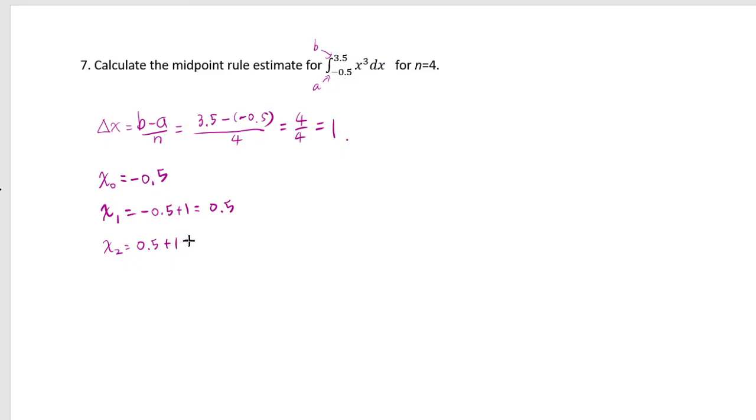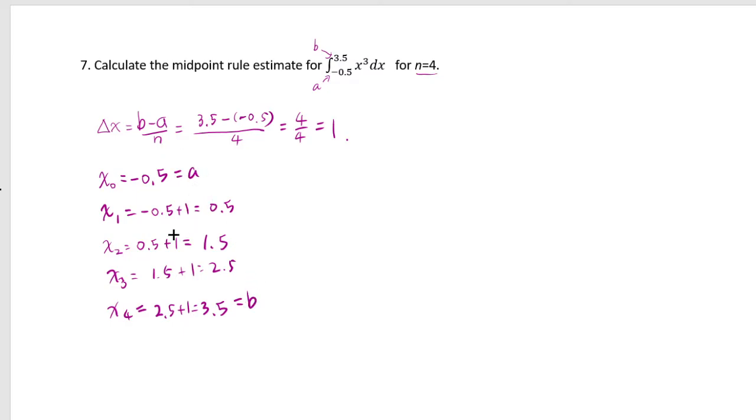And then you go another step of 1, which is 1.5. x3 will be, again, another step, 1.5 plus 1. Then x4, when you get to 4, which matches your value of n, you should arrive at the right endpoint if you did all the math correctly. And indeed, 2.5 plus 1 gives you 3.5, which is equal to b, right?